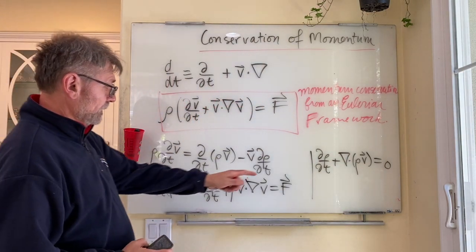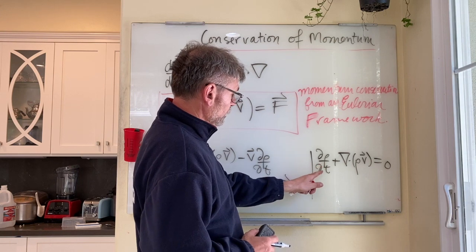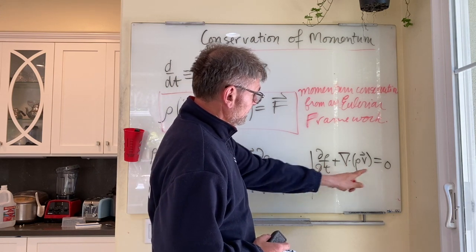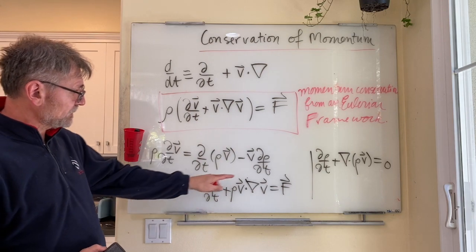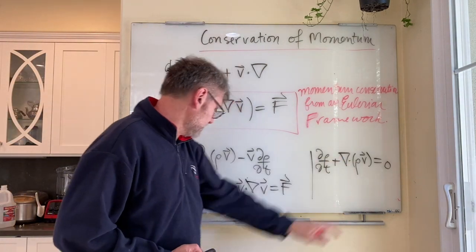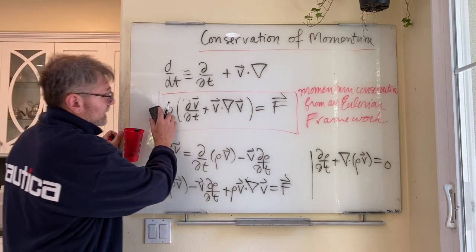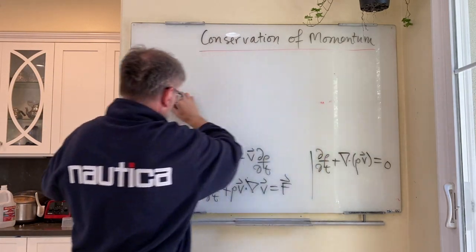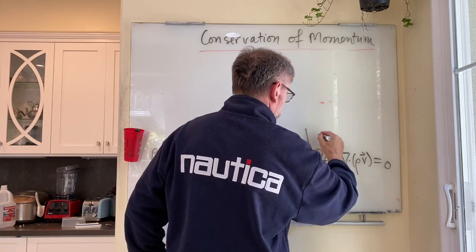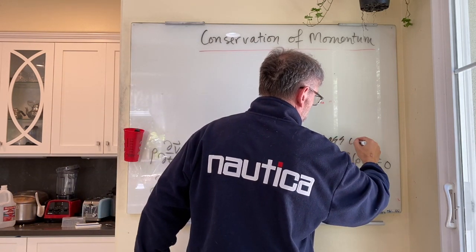And so that means partial rho partial t is just minus div dot rho v. And so I can replace it with the negative of this quantity here. This is mass continuity.